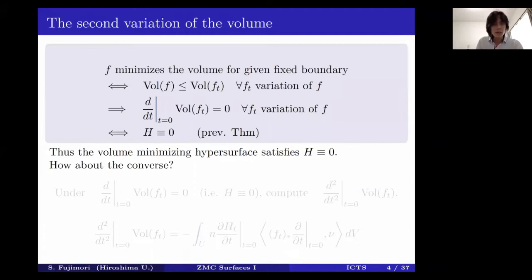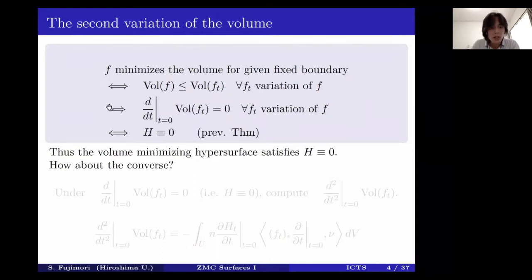Now we know that F minimizes the volume for given fixed boundary if and only if this inequality holds for any variation of F. And then this holds, the first derivative of the volume of F sub t, for any variation of F. The previous theorem said this is equivalent to H being identically 0.